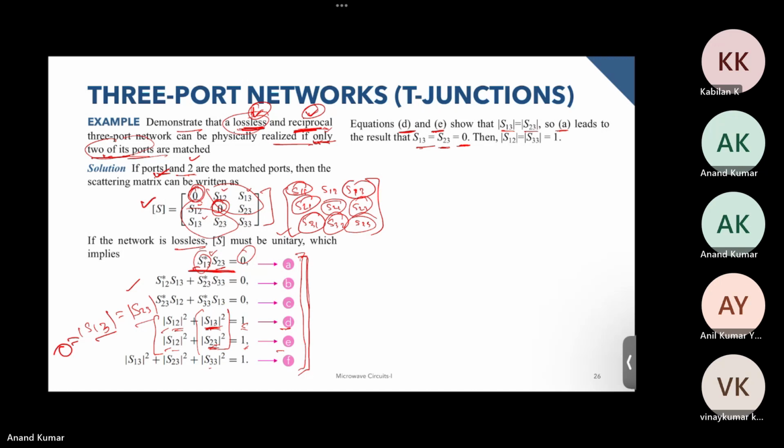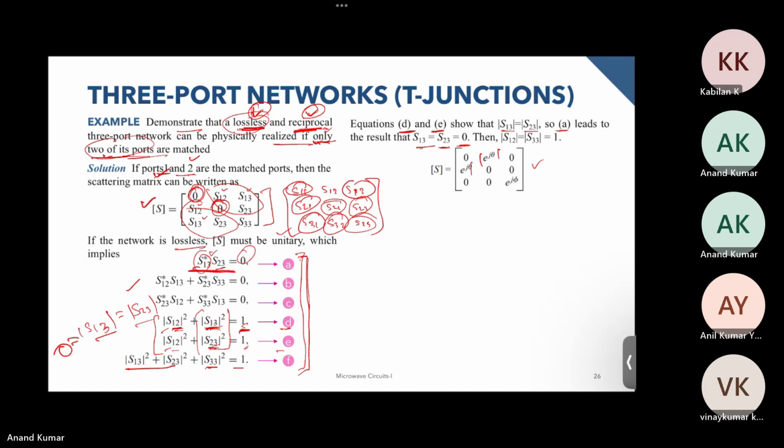And if both of them are equal to 0, this means that these two terms vanish and we have mod S33 equal to 1 and mod S12 equal to 1. Based on this information, we can write a scattering matrix looking like this.